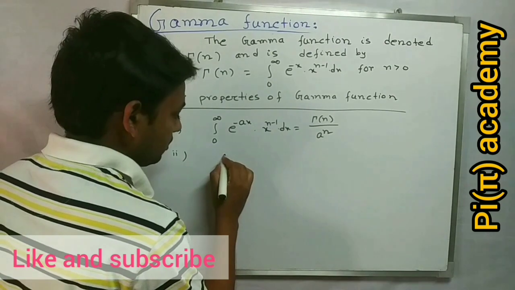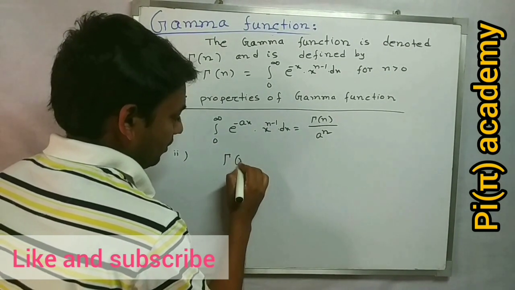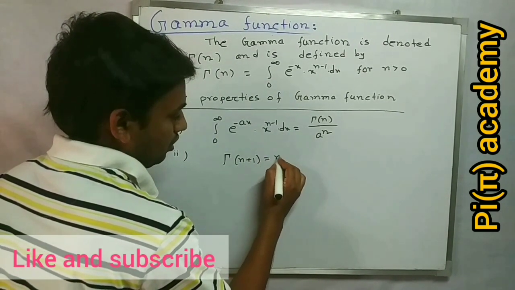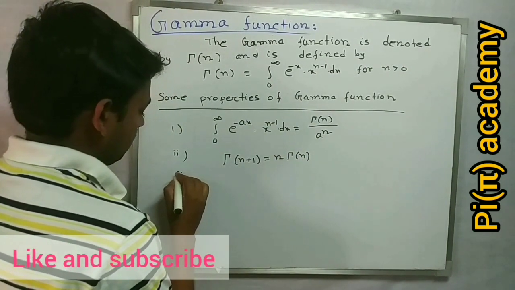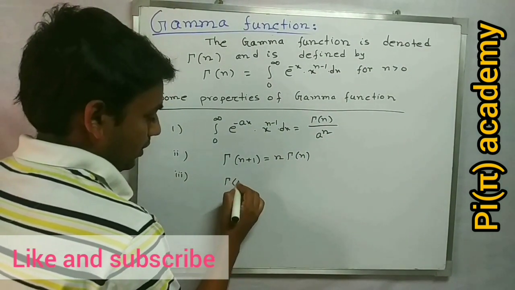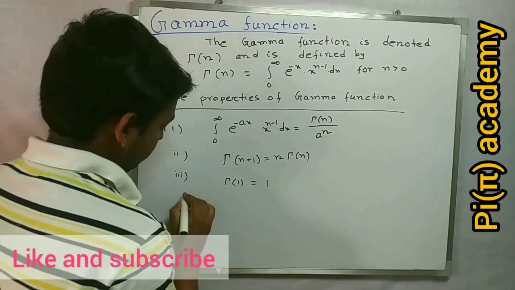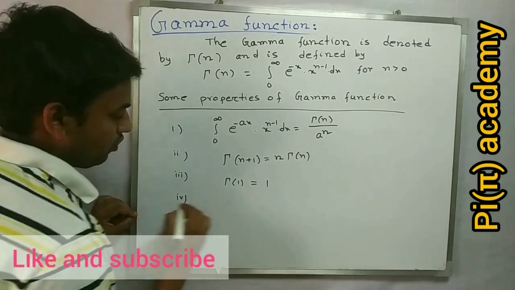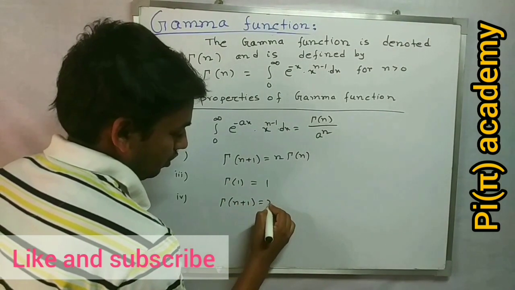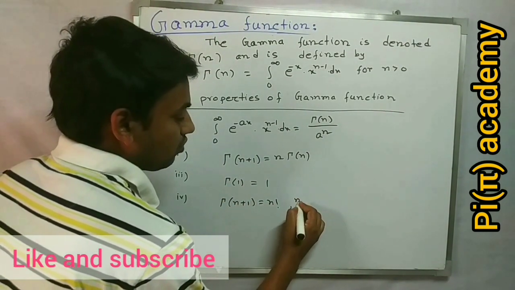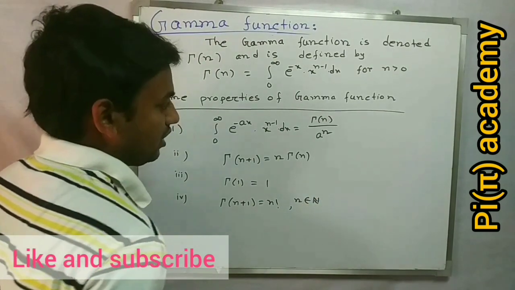Property 2: gamma n plus 1 equals n gamma n. Property 3: gamma 1 equals 1. And property 4: gamma n plus 1 equals n factorial, for n belonging to the natural numbers.